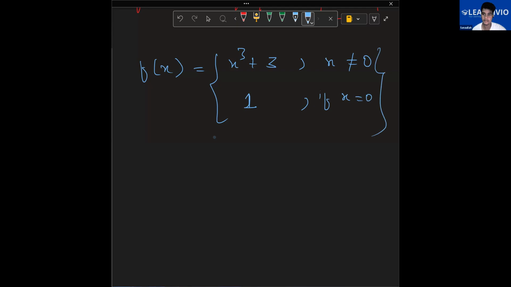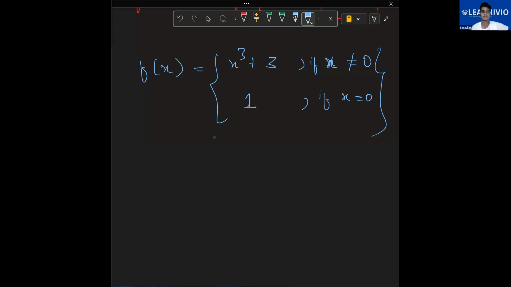So this is a condition. If x is not equal to 0, अगर x not equal to 0 इसका मतलब क्या हुआ? What does it mean? Is it not continuous? अभी तो कंटिन्यूटी हमने चेक ही नहीं किया.